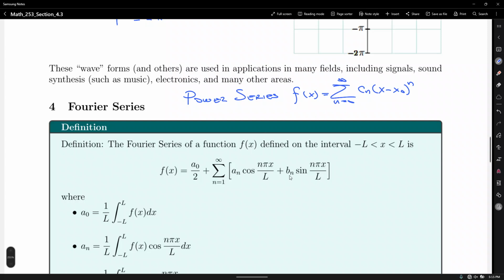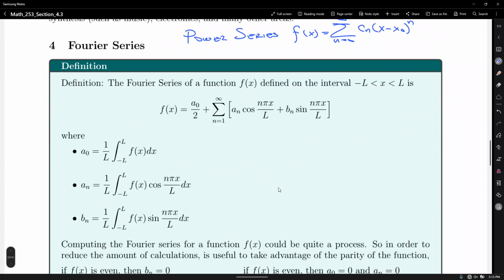So we have to express this in terms of a trigonometric polynomial. That's an interesting term.